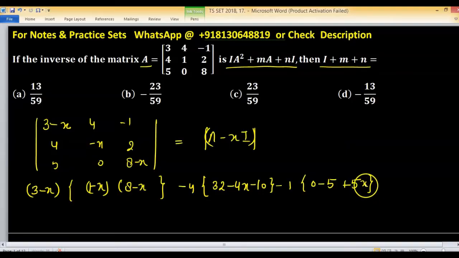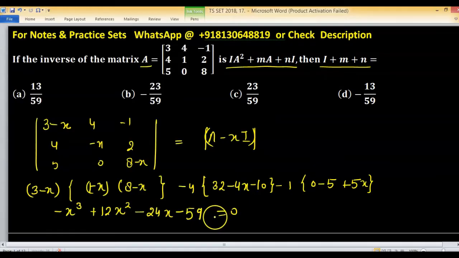This is our characteristic polynomial. Now, after further simplifying, we have minus x cube plus 12x square minus 24x minus 59 equals 0. Now apply the Cayley-Hamilton theorem.